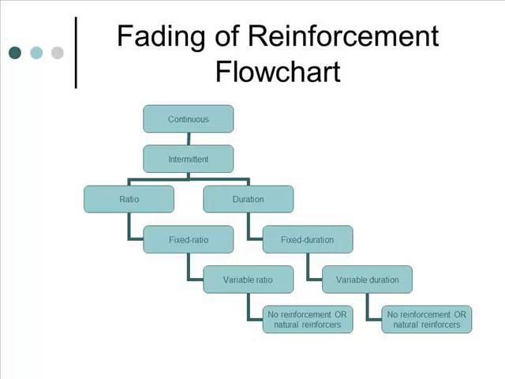Now the teacher is going to move to a variable ratio schedule, and she's also going to up the number of average times. So maybe her average is going to be every 8 times. So around every 8 times. It could be every 7, every 5, every 6, every 9. She's going to reinforce. And once the student meets criteria there, then she's going to take the reinforcement away altogether.